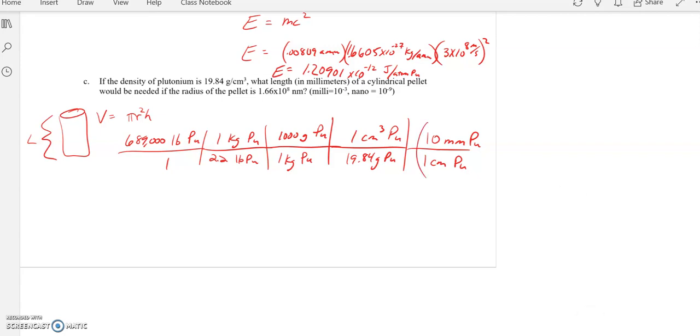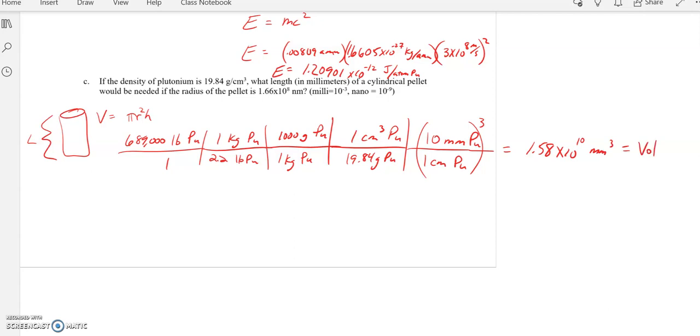I want to get rid of that, so I'm going to actually do this step 3 times. By doing so, I can cancel all the way out to millimeters cubed to get the volume of this fuel pellet. Rounded to 3 significant figures is 1.58 times 10 to the 10th cubic millimeters. That's our volume.